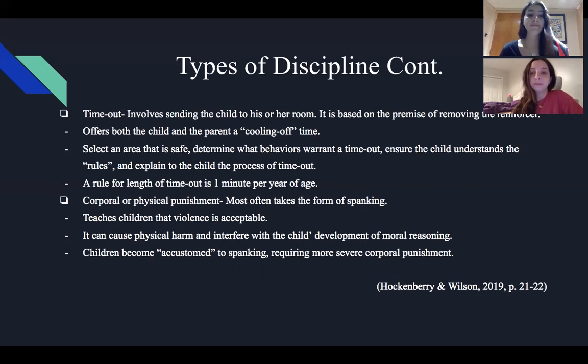They think that it's the norm, and they can grow up accepting this type of behavior. It can cause physical harm and interfere with the child's development of moral reasoning. And children can become accustomed to spanking, and if they become immune to it, they might require more severe punishment.